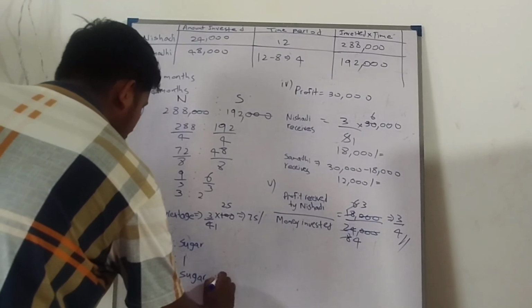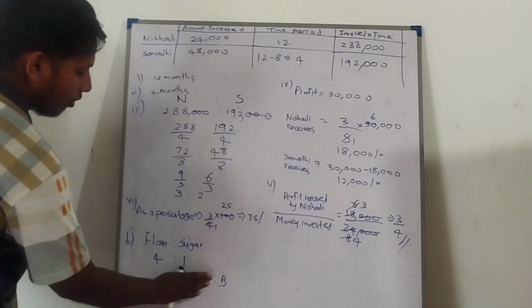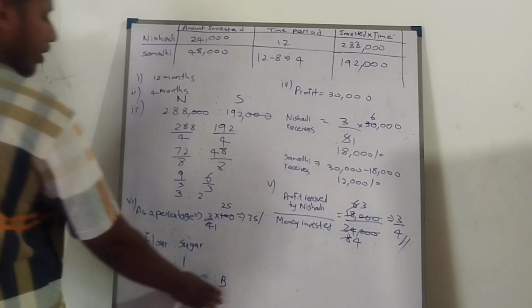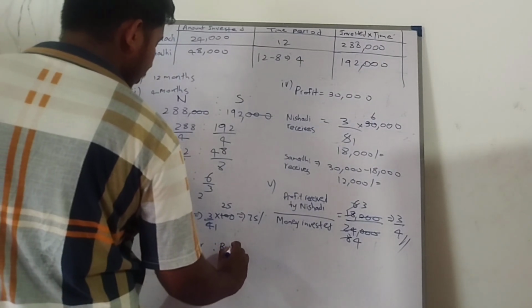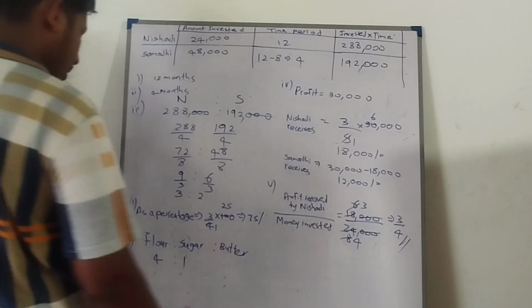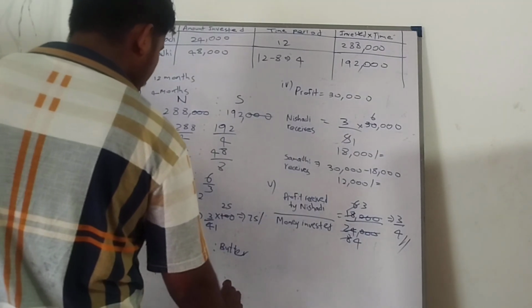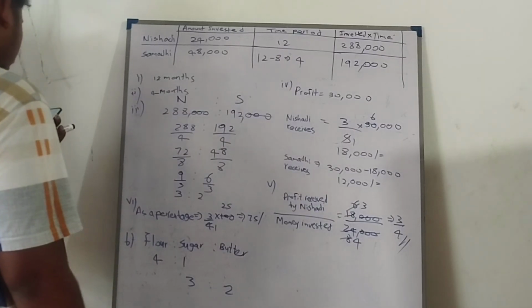I'll write butter here. Sugar to butter ratio is 3:2. Find the ratio of the flour, sugar and butter.